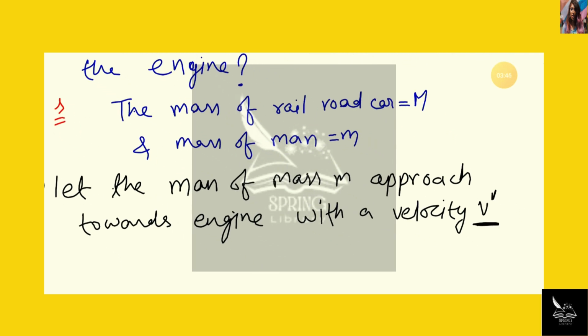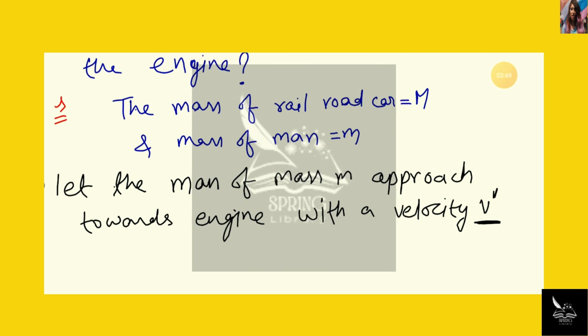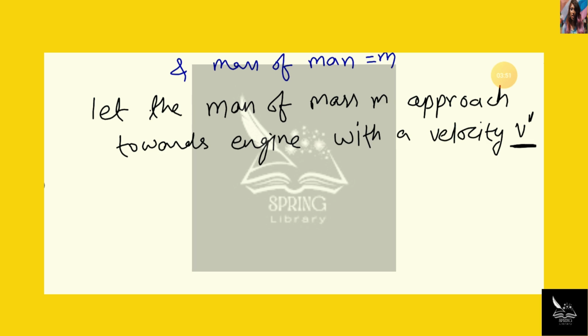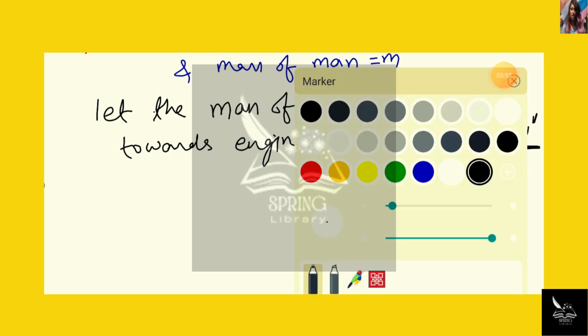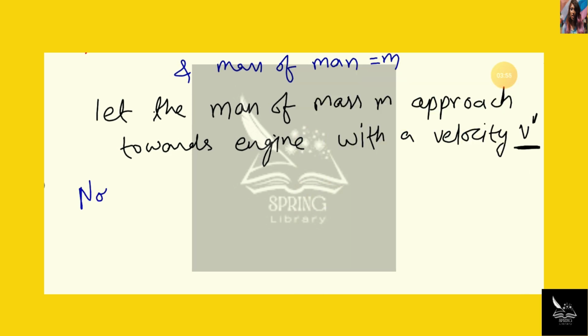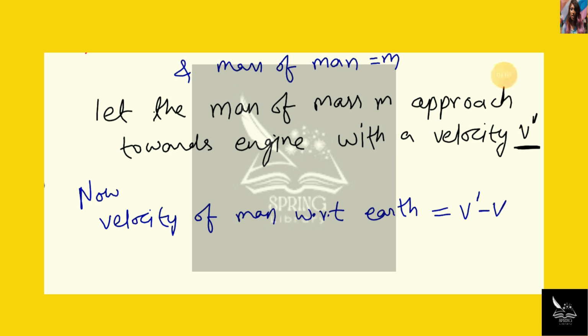So now I can say that the velocity of the man with respect to the earth will be written as v dash minus v, where v is the speed with which the car recoils as given in the question.